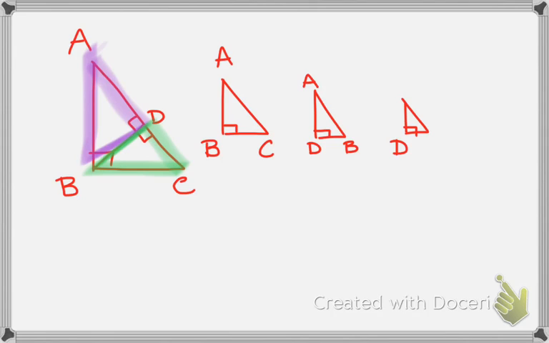D to B. Now here's the trick. If DB is the short leg here, then DB has to be the long leg over here. If you got DB here, you will not have DB here. So DB goes up for your long leg, and then I'm left with DC being my short leg. Those are your similar triangles.